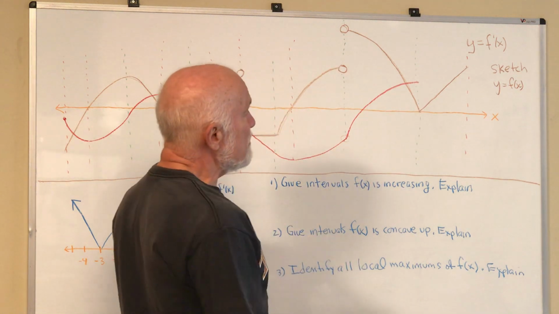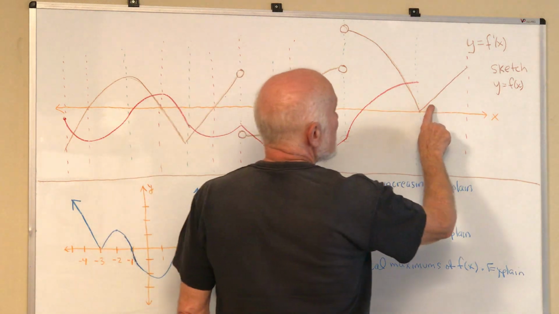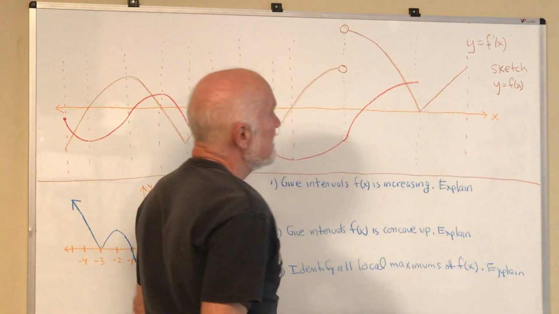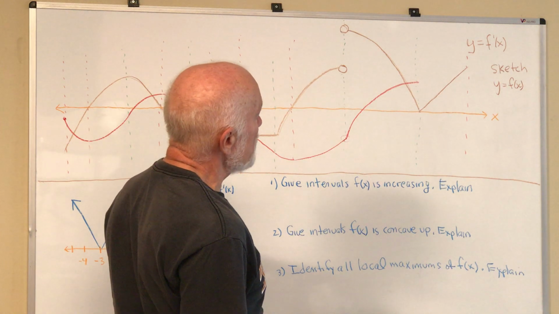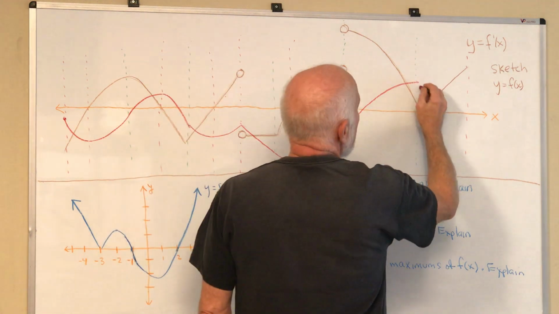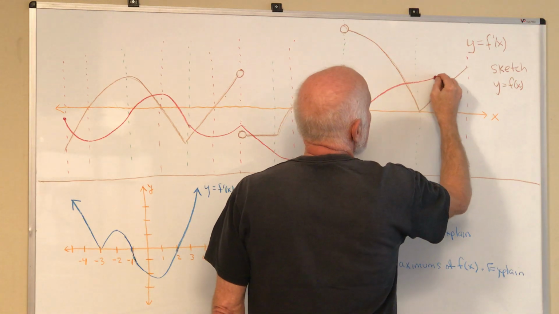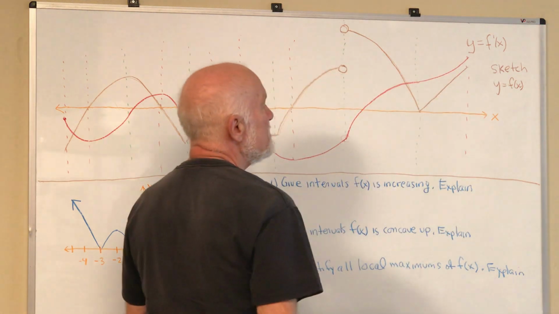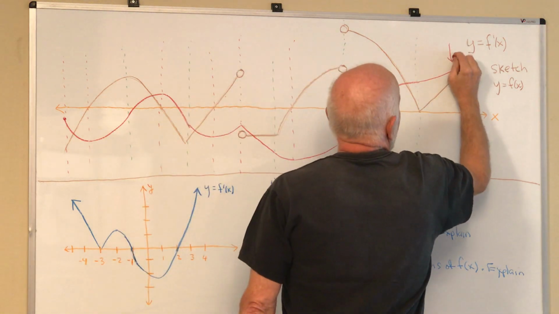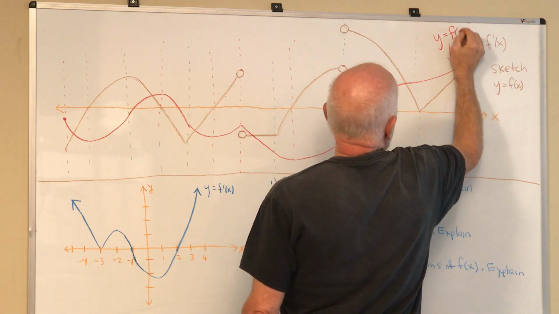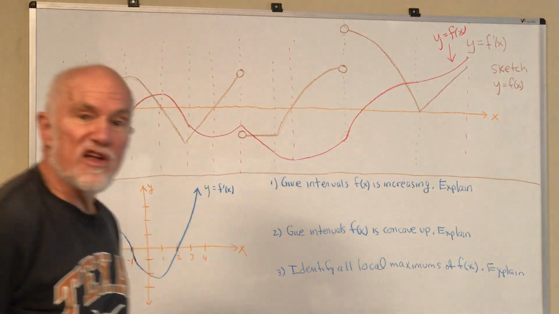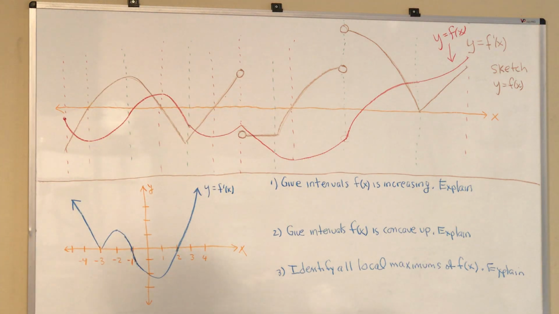Instead of starting to decrease, I can see that now it's going back up again. The derivative is increasing, so I'm going to go concave up. And I'm done. That was a long one, but it really wasn't done any different than the smaller ones. It was just done step by step.